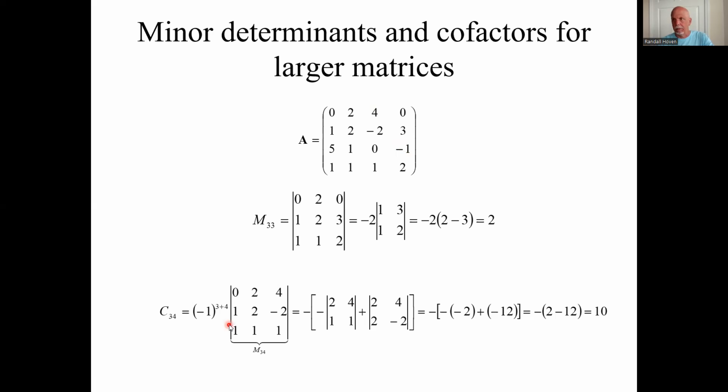And a minus sign, because 3 plus 4 is 7. That's odd. You need a minus sign. So now you need to find the determinant of this 3 by 3. I'm not going to go through that. I think I would expand by this first column, 0 in it, and then 1s. I'm not going to go through that.